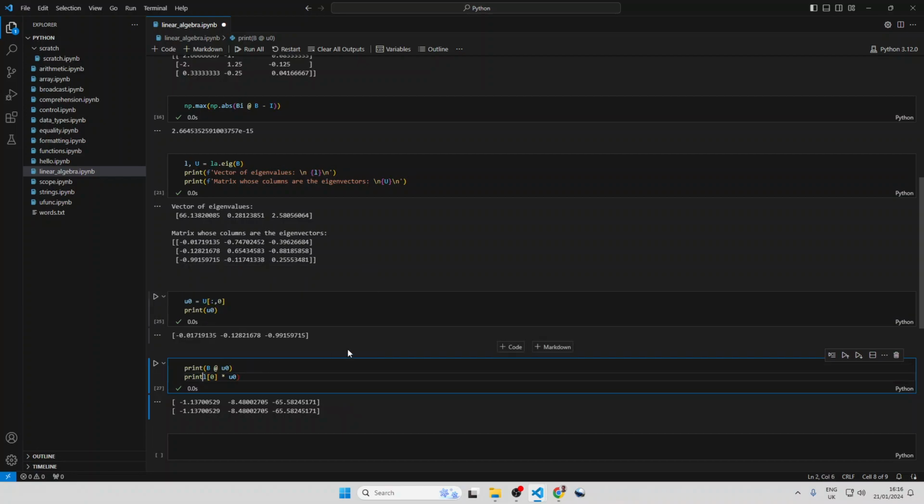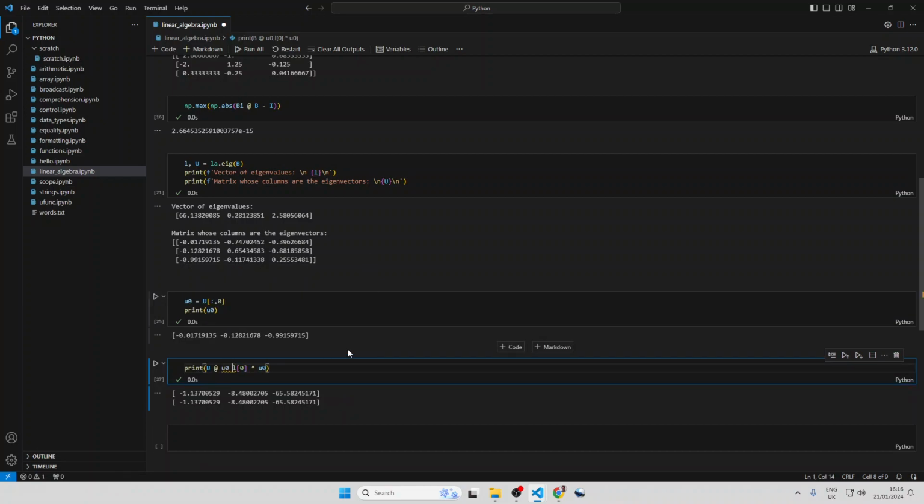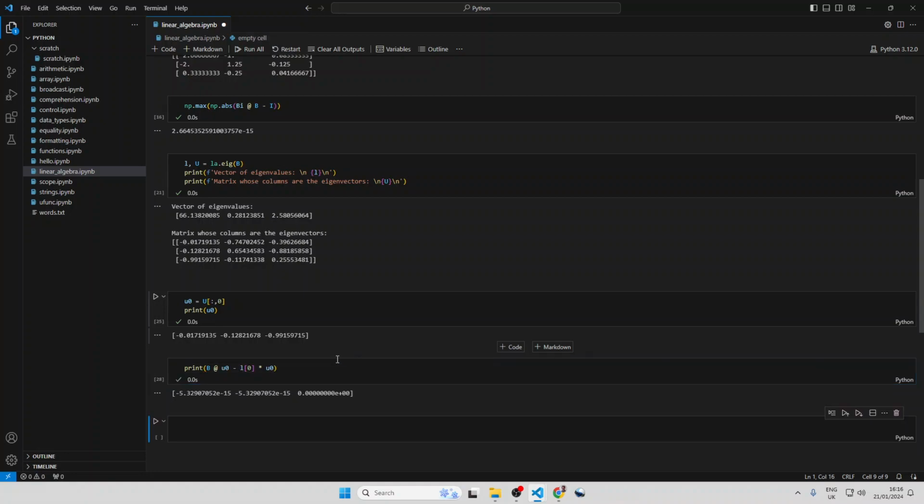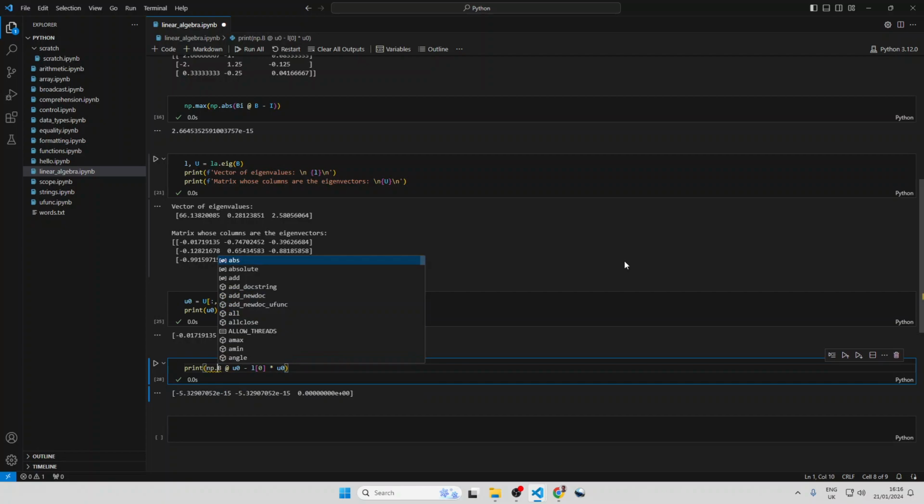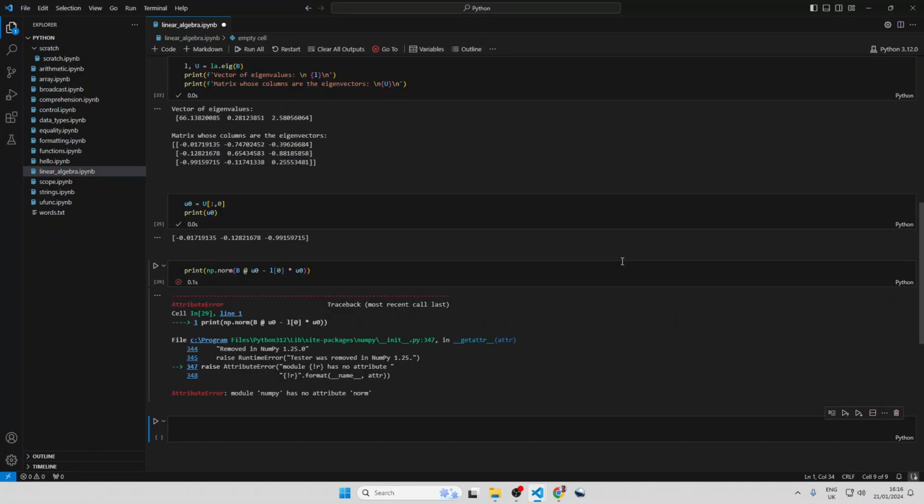If we wanted to check this a little bit more easily, it would be better if we just subtract these things. You can do np.linalg.norm. I forget the correct syntax for that, so let's not bother with it.